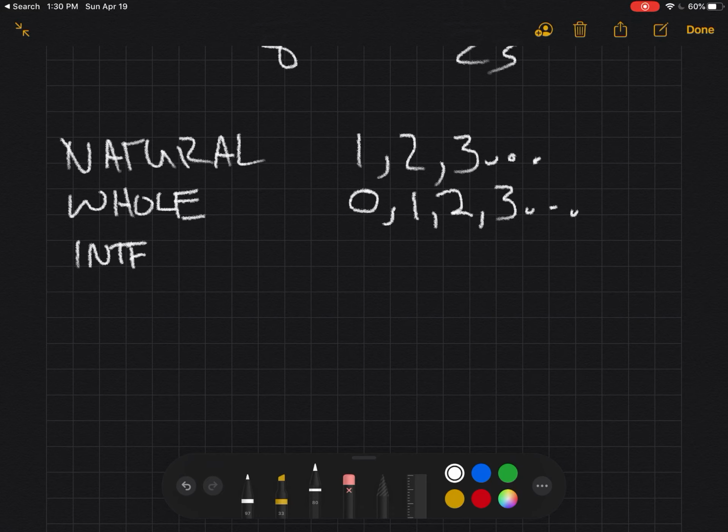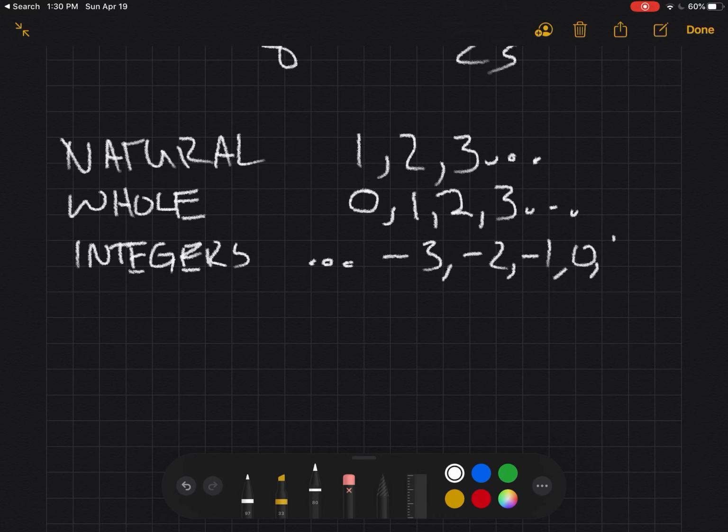We've had natural numbers, just a recap of what we've got. And that's 1, 2, 3. We have whole numbers. I just add the 0 in, and then 1, 2, 3. We have integers.